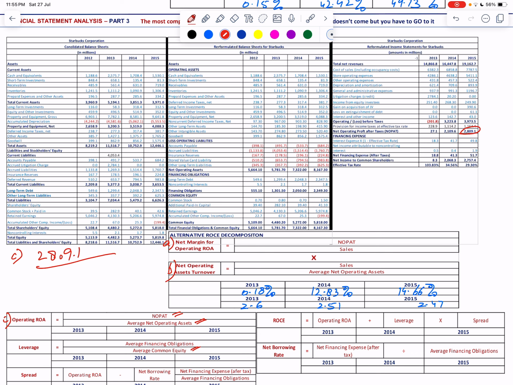And the average net operating assets are how much? The same, 7322 plus 8167.3, and because this is average, we will multiply by 0.5, and that gives us 36.27%.